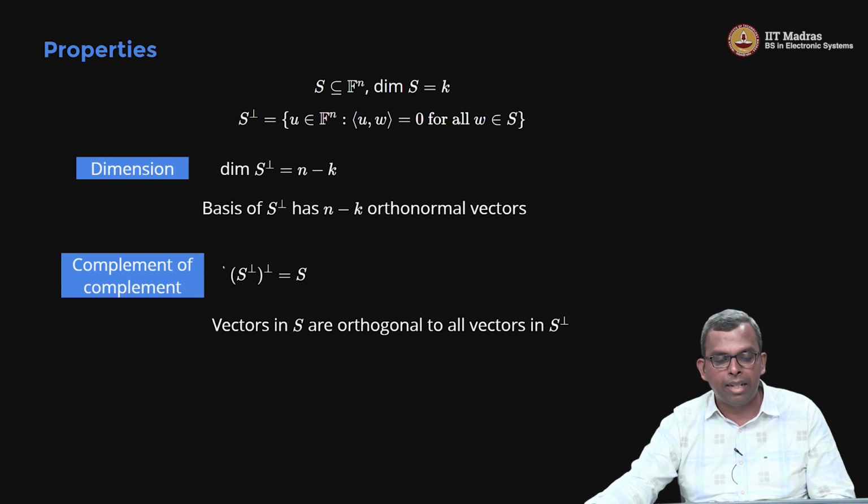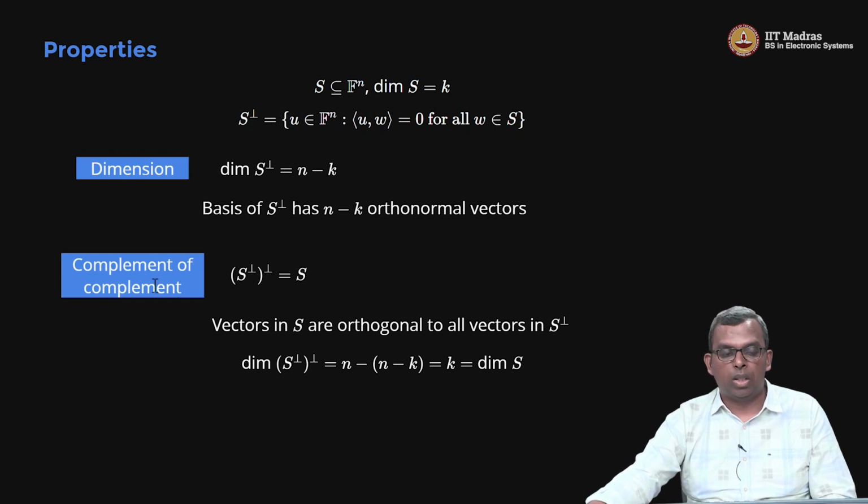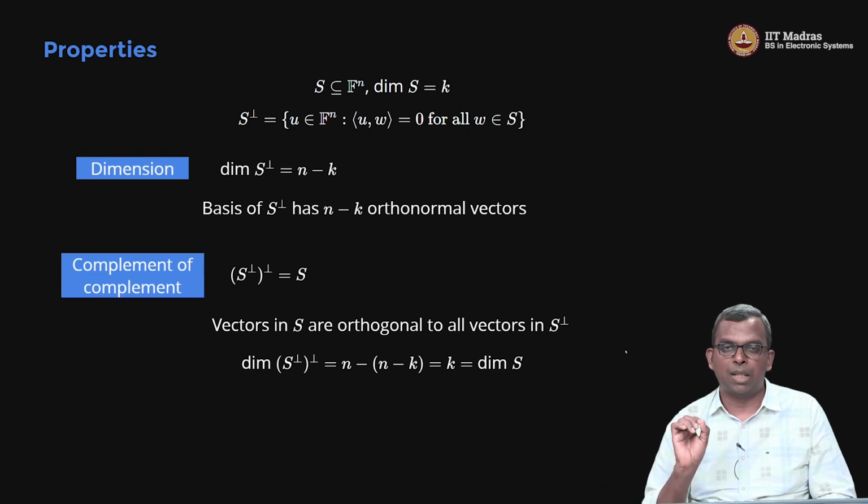So S is contained in this complement of the complement, but then how do we show that they are equal? That just comes from dimension counting, right. So the dimension of the complement of S-perp is n minus (n minus k), which has to be k. Now, I know the dimension of S is also k. So S has to be equal to the complement of S-perp. Okay, so there is a little bit of an abstract proof for the complement of the orthogonal complement being the original subspace itself. So these are nice properties of a basis.